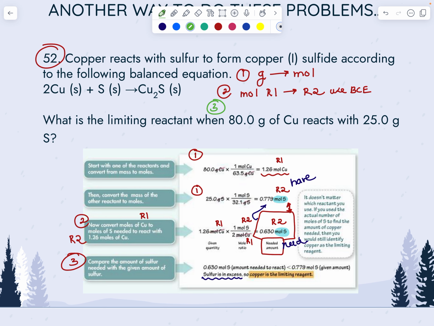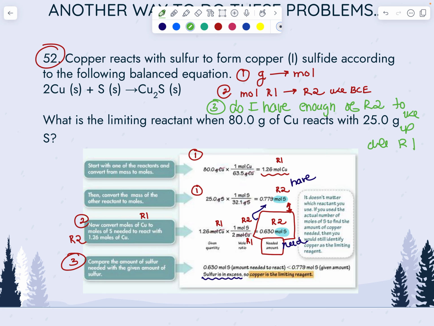It's comparing need versus have. And in order to do this, you really need to understand what's going on, what these numbers represent, in order to understand which one is going to run out first. And basically what you are checking is, do I have enough of reactant 2 to use up all of reactant 1?